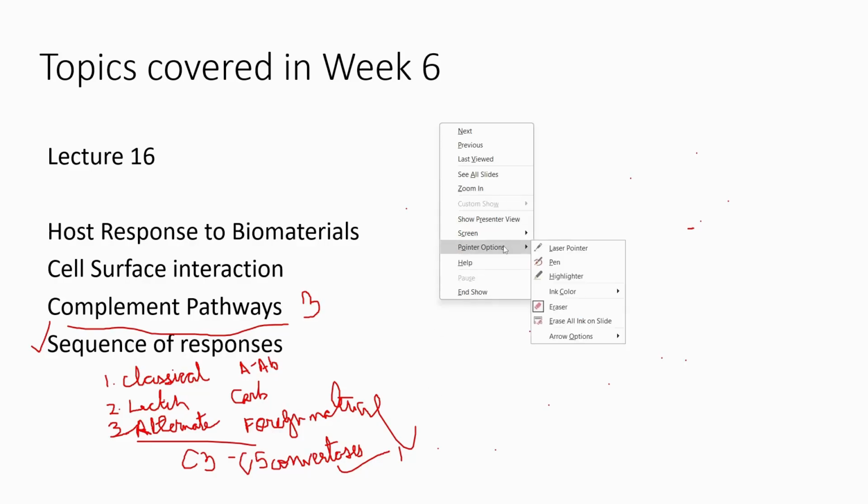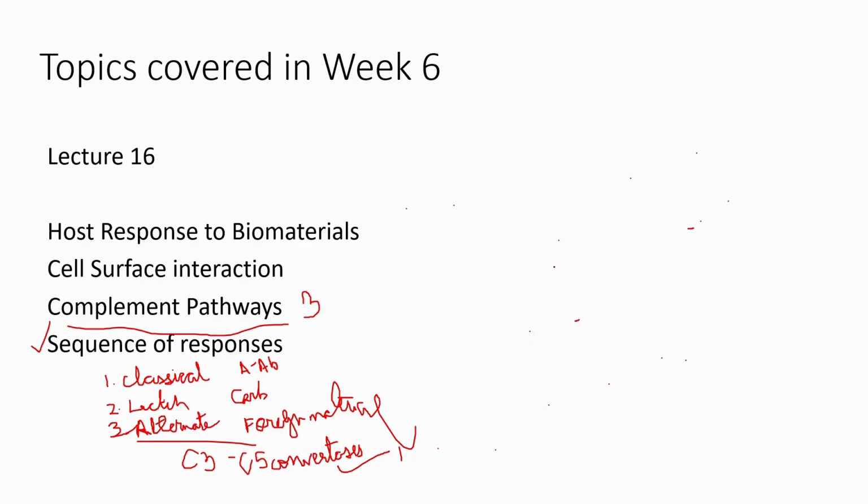So the sequence is as follows. First, injury, as we were discussing. You need to create an injury to insert an implant.